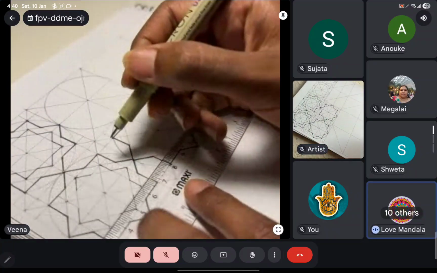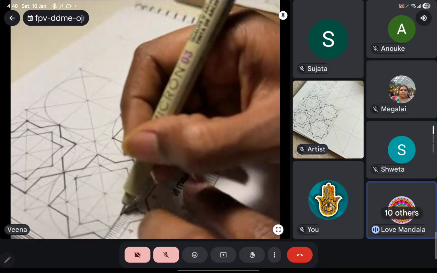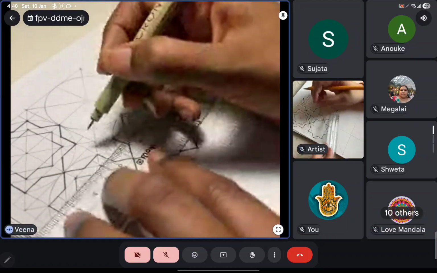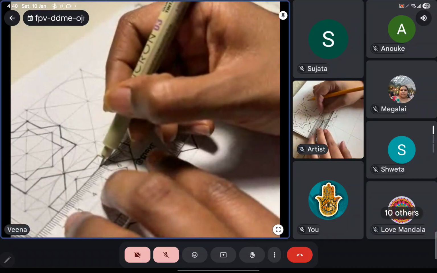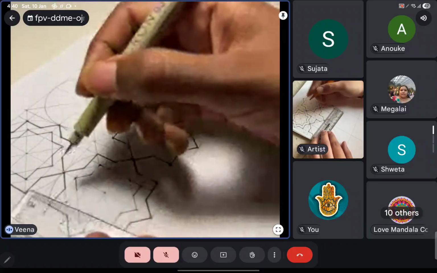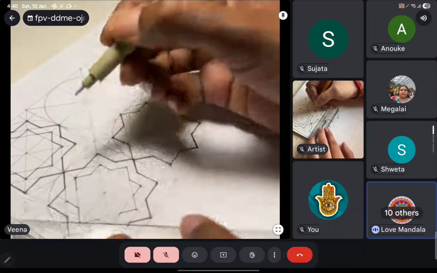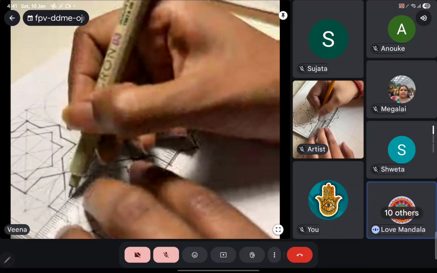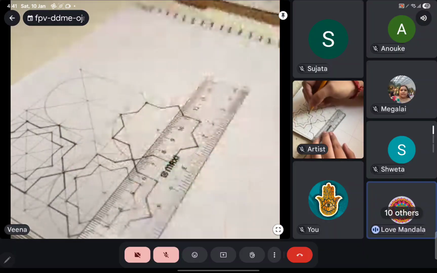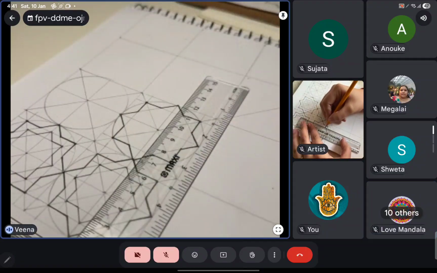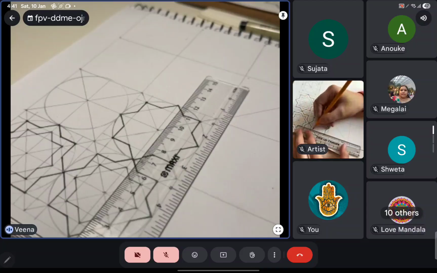After looking at the patterns continuously, I'm feeling like I'm forgetting what to connect. After continuously looking at the same grid, I'm forgetting which points I'm supposed to connect. Yeah. So that's why I'm saying you can use color pencils, that will really help you.